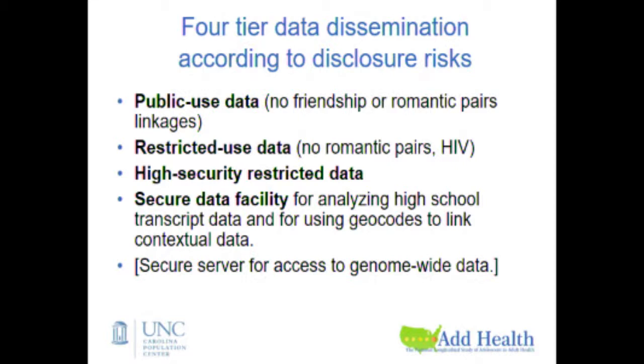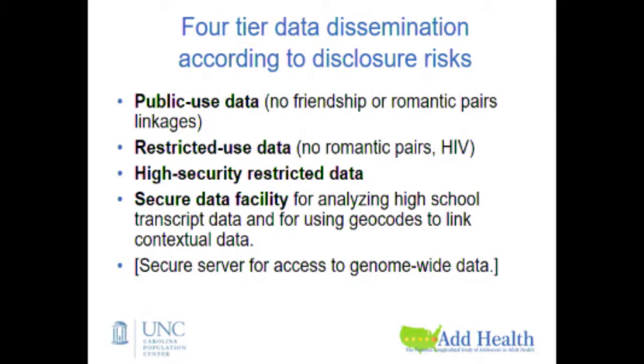And then the next level is a restricted use data contract. In the restricted use data contract, you get all the data, all the contextual data, all of the respondents, which is 20,745 at wave 1. But we don't have the linkages for the romantic pairs in adolescents. We felt that these were very highly sensitive data, because these are adolescents.